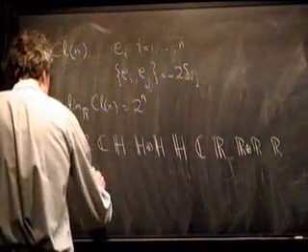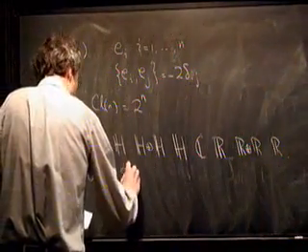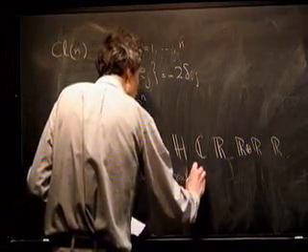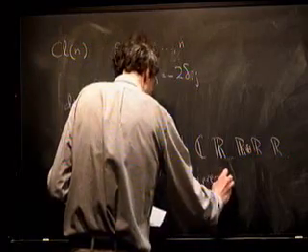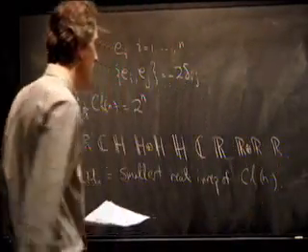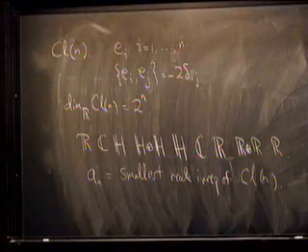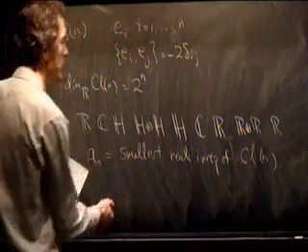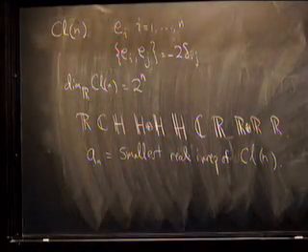Let A_n be the smallest real irrep of the Clifford algebra. And I also give you the Grothendieck group of the representations, or if you like, the representation ring.